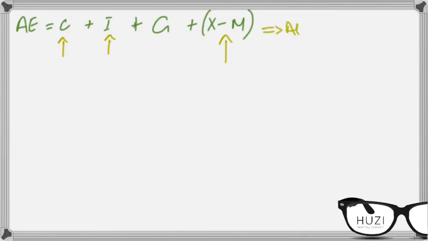This implies that AE rises and your national income rises by change in AE times the multiplier.